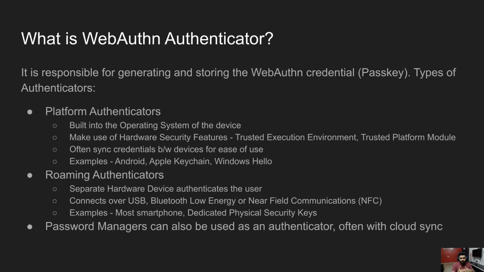Roaming means you can keep that device with you, and wherever you need to log in, on a platform that does not support a platform authenticator, you can use, for example, USB or Bluetooth or NFC to connect both devices, and then your roaming authenticator can be used on any platform.